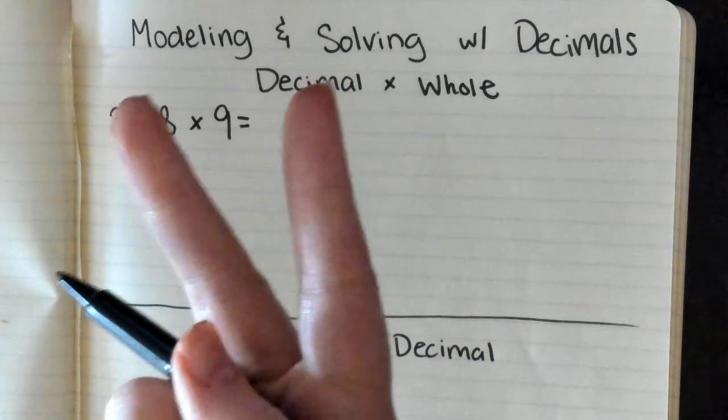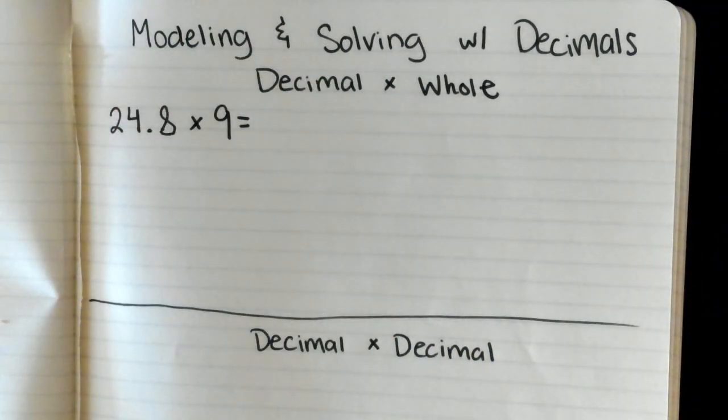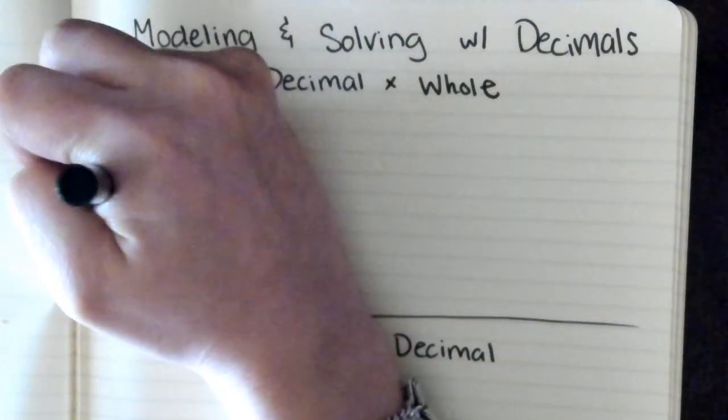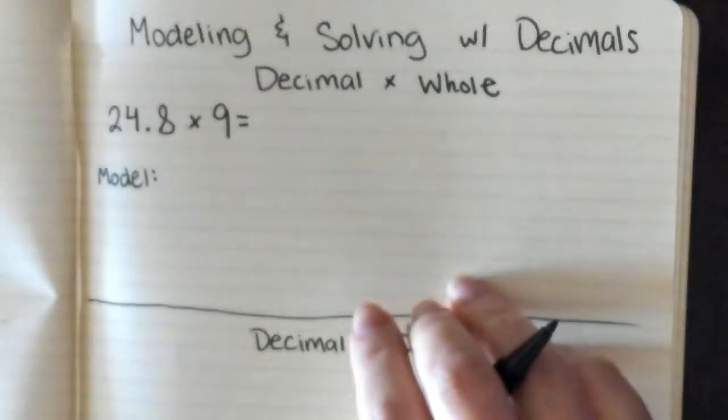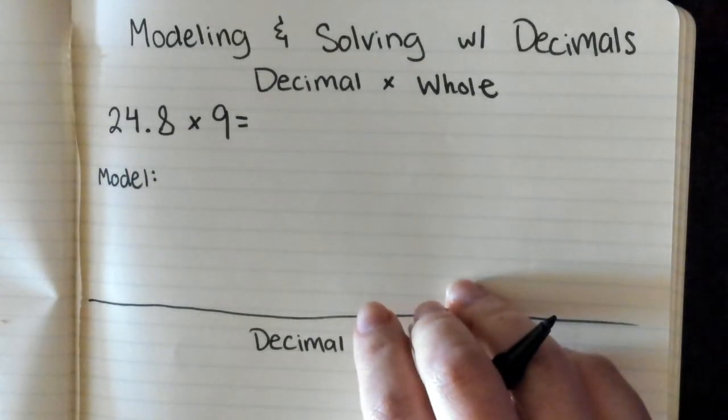Or if we flipped it around and said 9 groups of 24.8? Which one makes more sense to you? Yeah, 9 groups of 24.8. So if I did make a model, it would be like drawing 9 circles and putting 24.8 inside each, right?